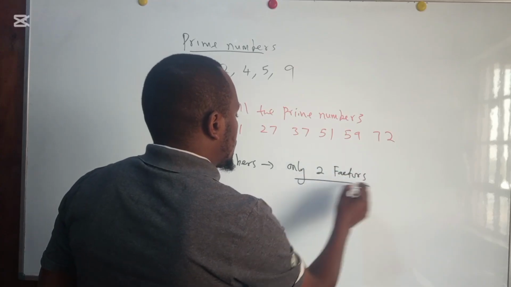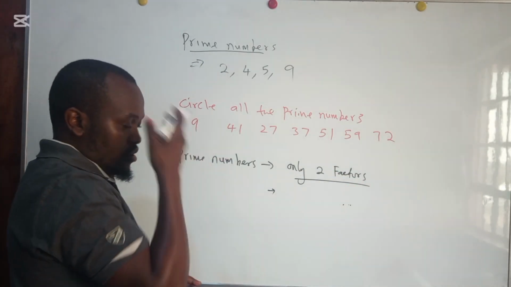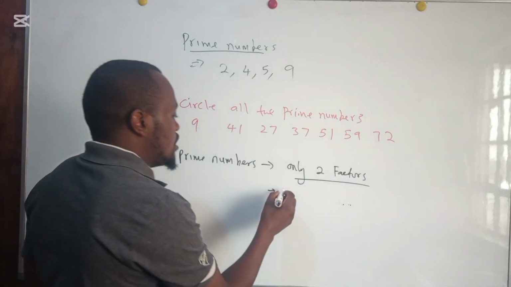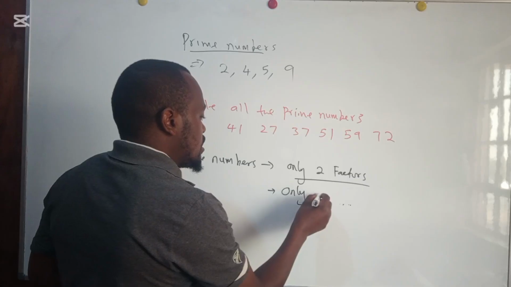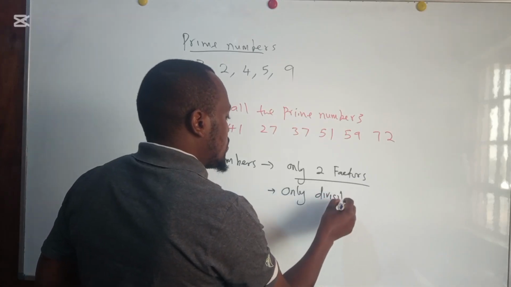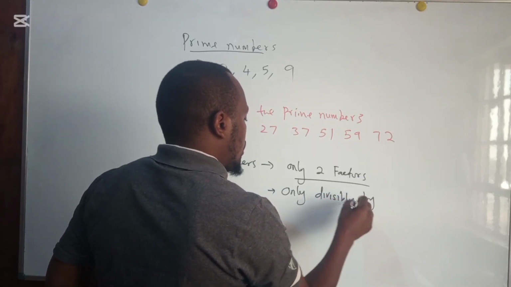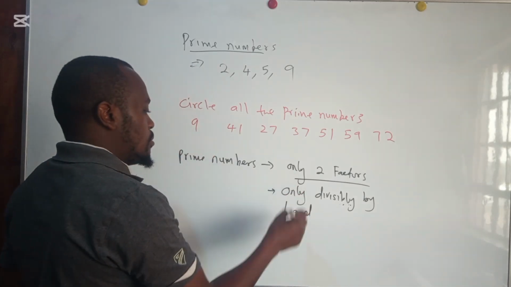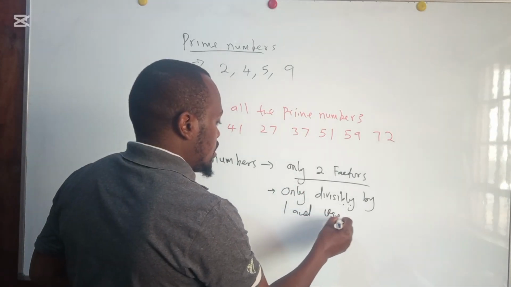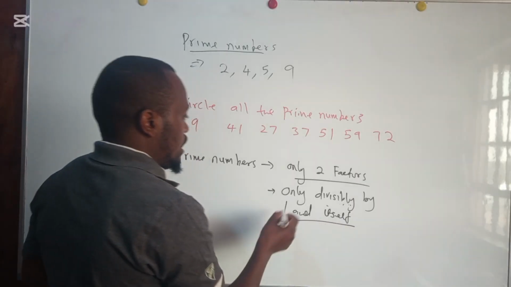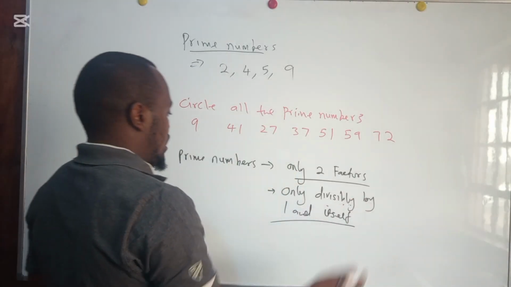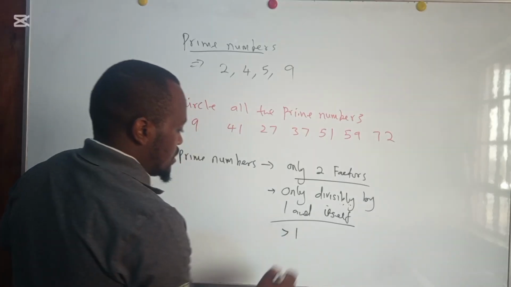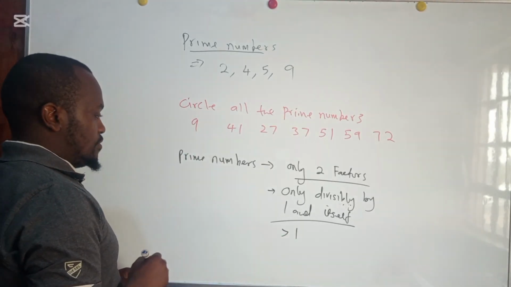I know in school you are told that these numbers are only divisible by 1 and itself. So again, only 2 factors, 1 and itself. And that number must be greater than 1, so 1 is not there.